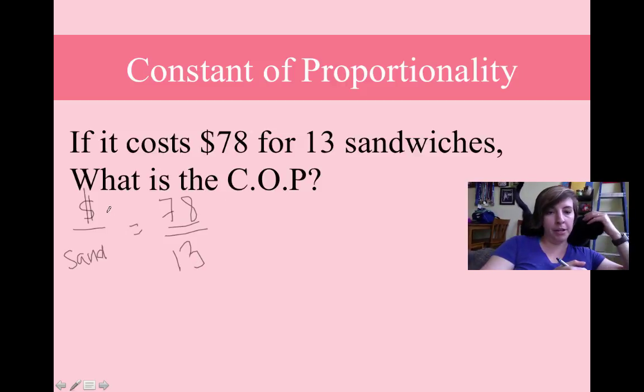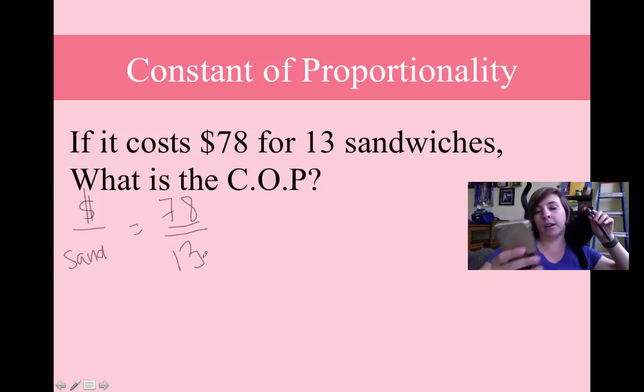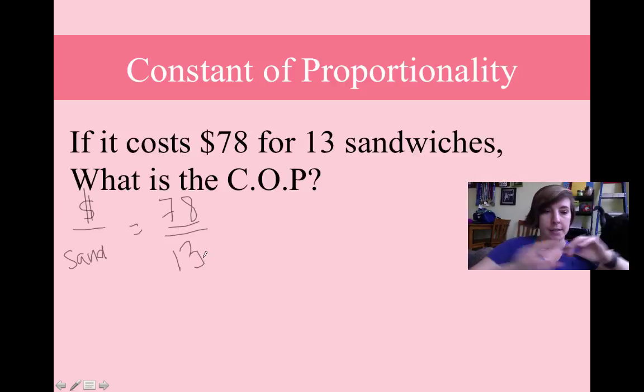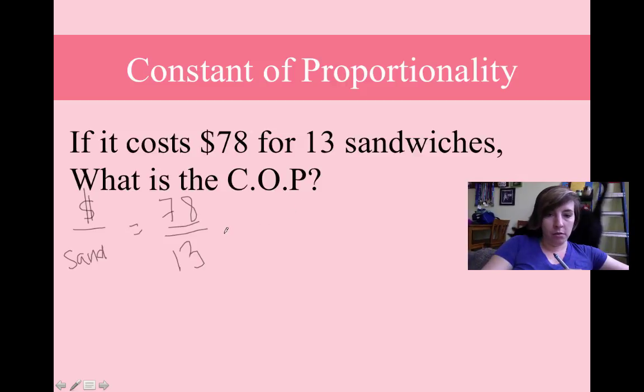So if my dollar is the numerator up here, then the dollars need to be the numerator up here. Sandwiches, sandwiches. Like I said, you can use a calculator on your map test. I'm going to use a calculator here. So if I clear this. Okay, so 78 divided by 13, 6. Remember, every fraction is just a division problem.